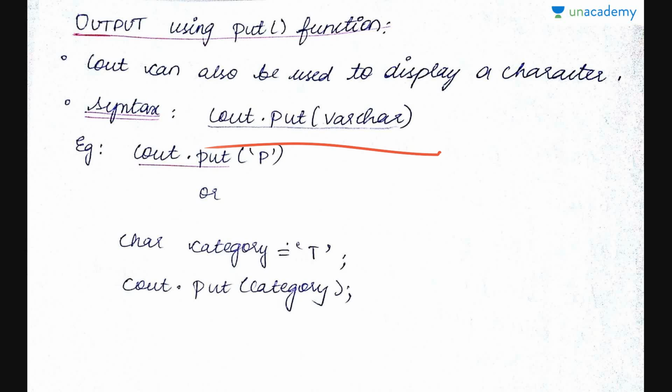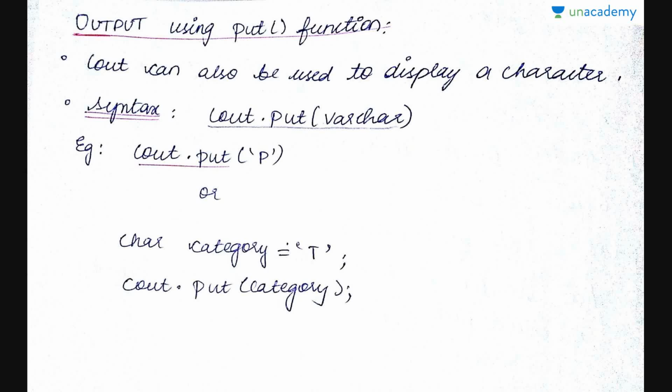Again, first you have cout because it is associated with output. You have cout dot, and then put is the function, and within parentheses we write the variable character.